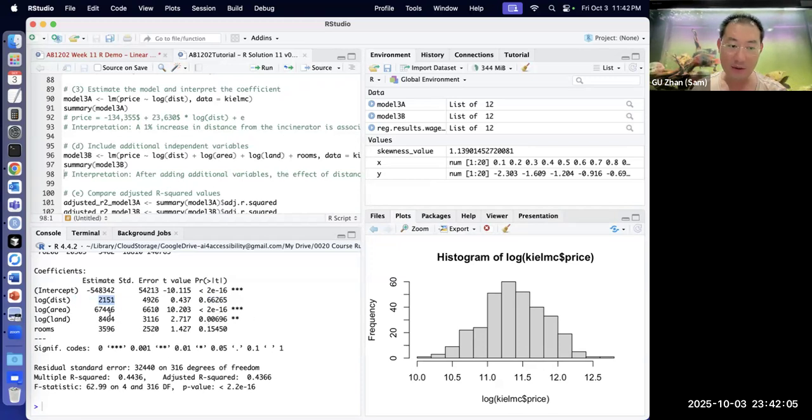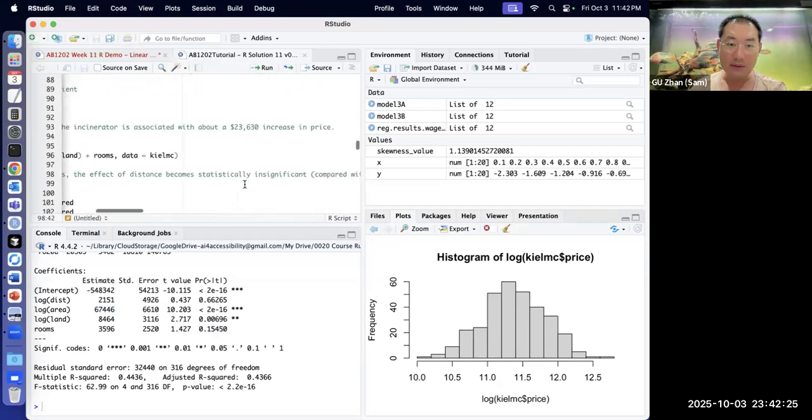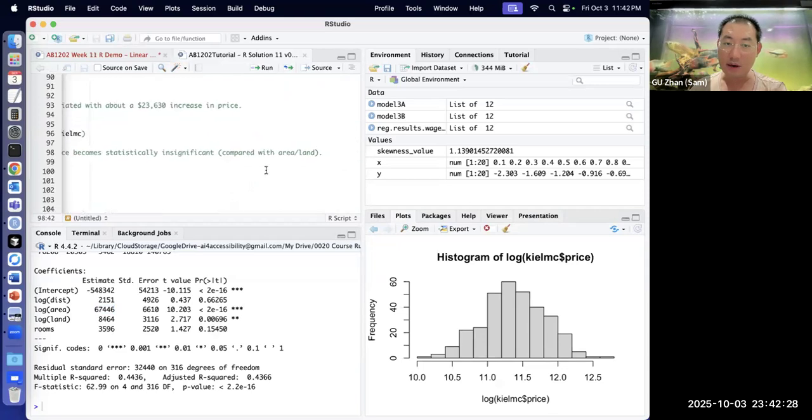We're looking at the area and the land, which are quite important. Actually, the area is more important because the beta value is very large. The rooms are not so important because the p-value is also small. So after adding additional variables, the effect of the distance becomes not significant compared with area and land.